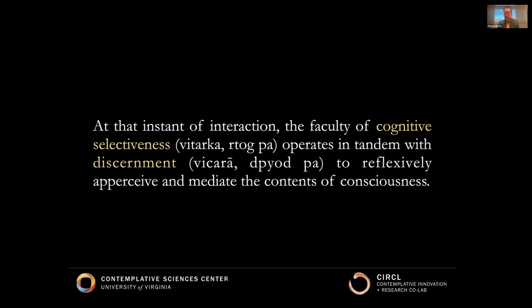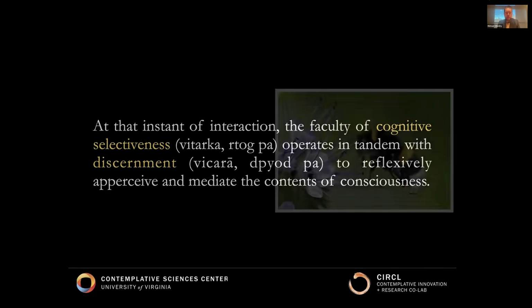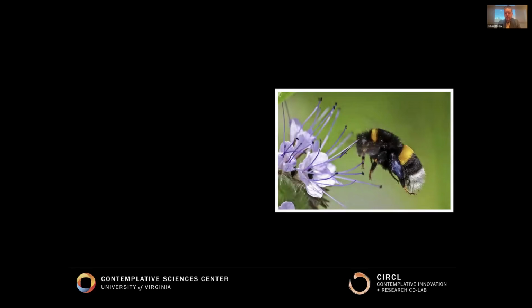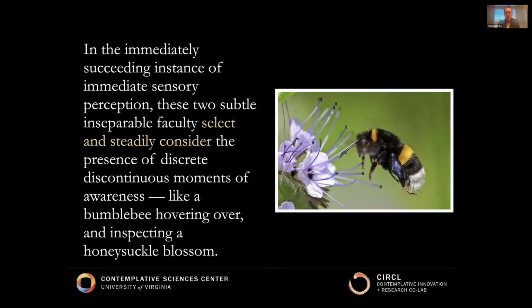So this is at the micro level of consciousness. And this is likened to this moment of selecting and discerning an object in the immediately succeeding instance of immediate sensory perception.